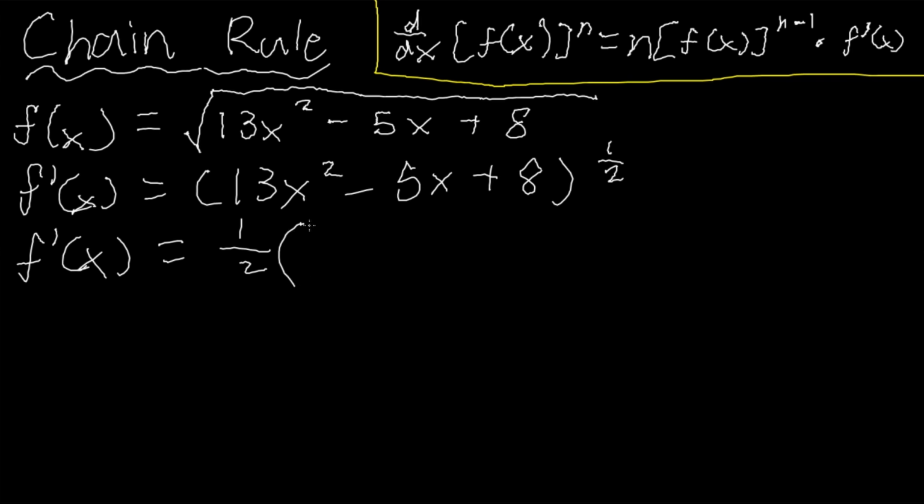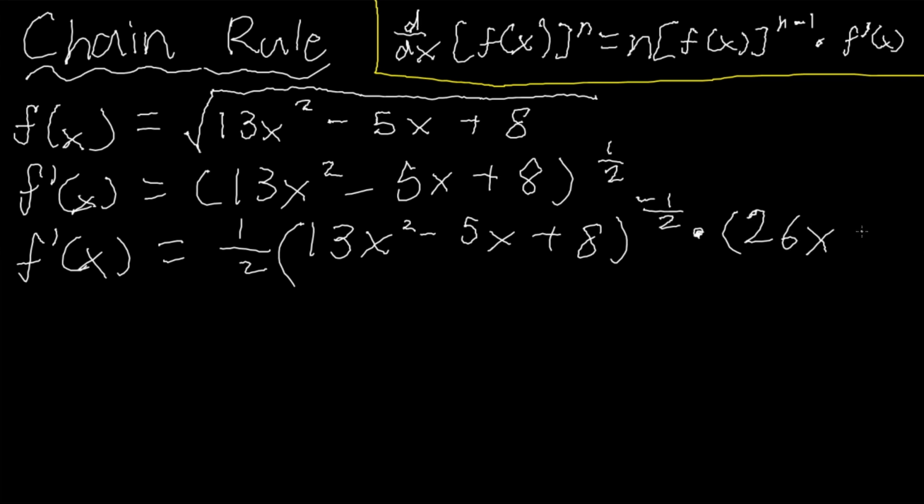Okay, let's do this question. So write it out. Now this would equal -1 over 2, so a negative square root, times f prime of x. So that would equal 26x minus 5.